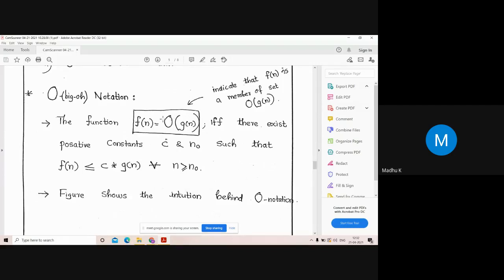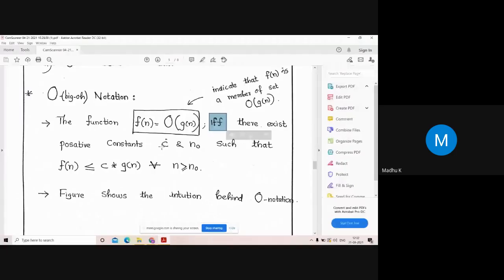Then, positive constants c and n0 such that this condition should be satisfied.